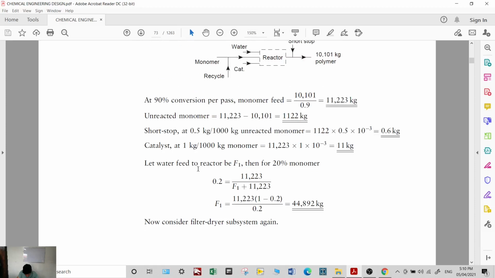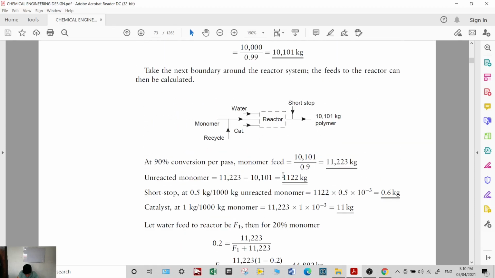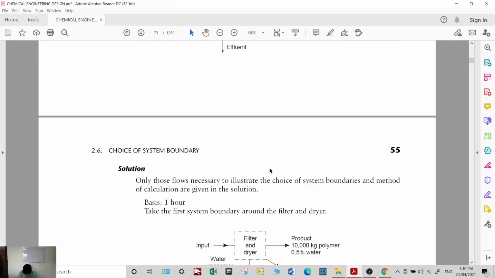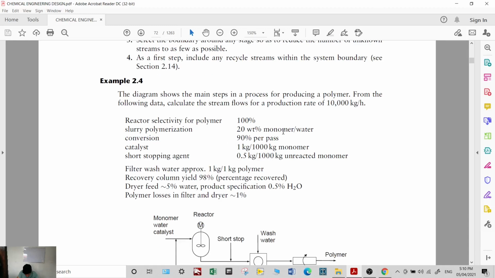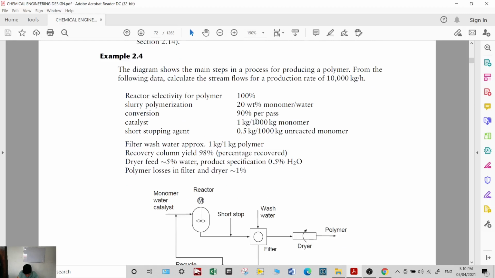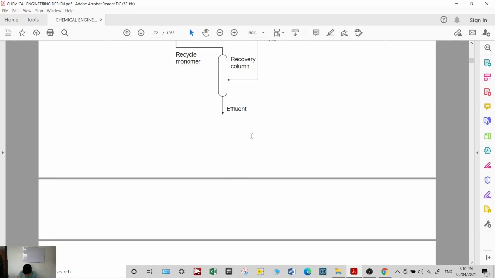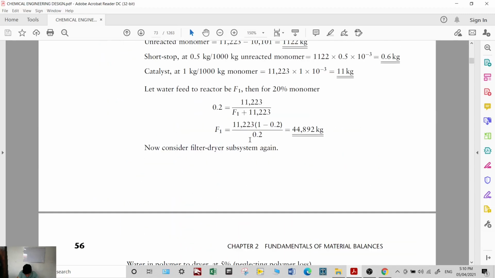Now ang water nga gi-feed nimo sa reactor is makuha dire nimo makuha slurry polymerization 20% monomer per water. So nakuha na nimo ang monomer, ngayon yan 20%. So 20% daw ang monomer.